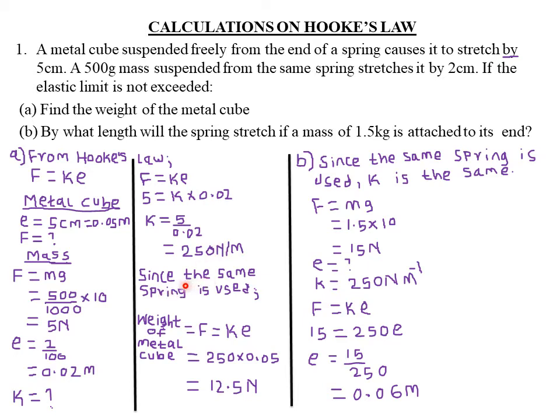Now, since the same spring is used, remember our aim here is to find the weight of the metal cube. The quantities given for the mass have helped us to obtain the spring constant. Now, if we have the spring constant and we are also given the extension due to the metal cube, if we apply Hooke's law, we can find our force, or the weight.